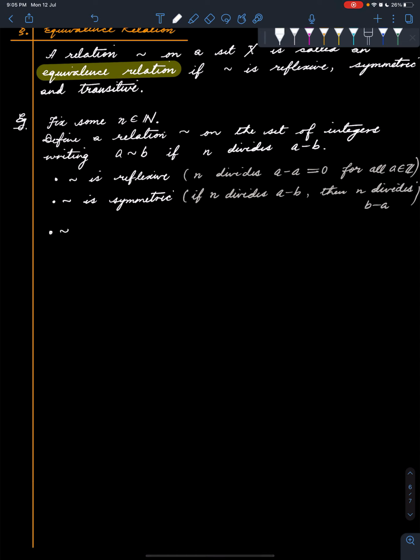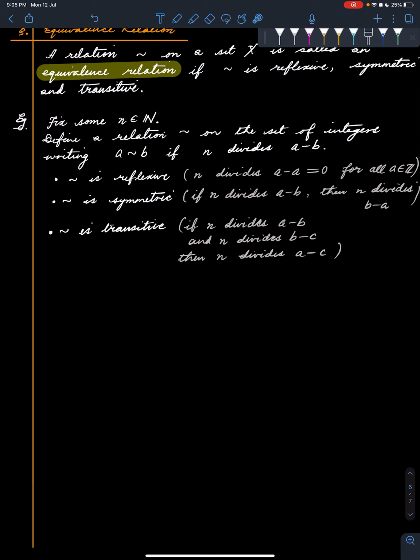And lastly, tilde is transitive. If n divides a minus b and n divides b minus c, then n divides a minus c.